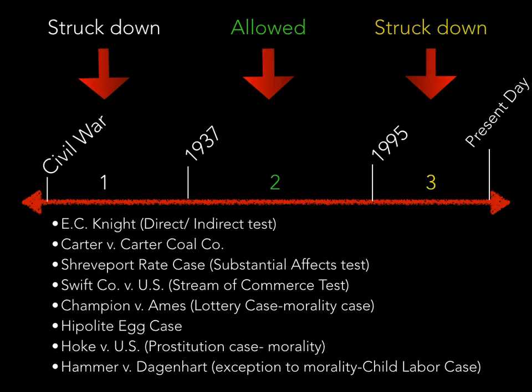Although the statutes in question there have said to have been derived from some sort of Commerce Clause power. Really, you could view those as Congress just trying to regulate morality, and the court, in fact, ended up upholding those cases.